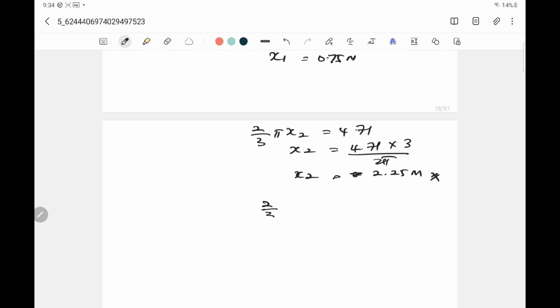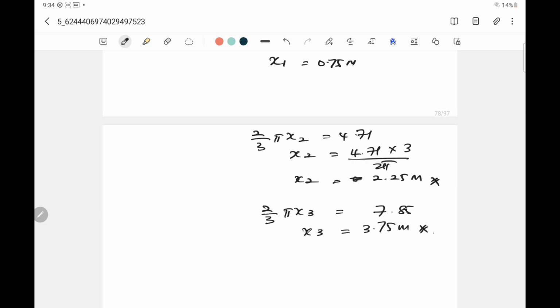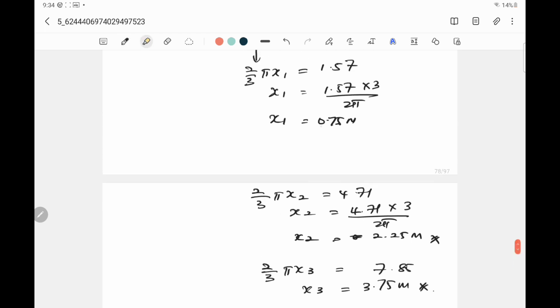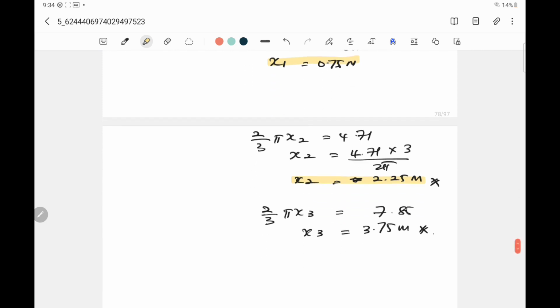And then for node number 3, 2 pi over 3 x3 equal to 7.85. So you will have your x3 equal to 3.75 meters. So the position of nodes is, for the first one 0.75, node number 2 is 2.25, and node number 3 is 3.75 meters.